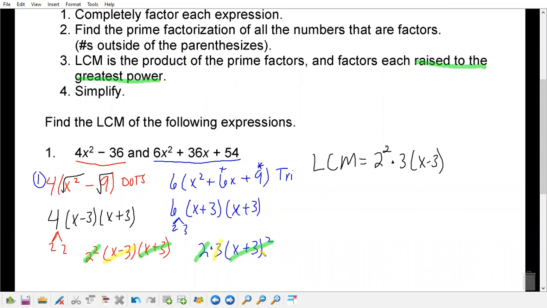So therefore, we're going to use x plus 3 squared. So this is my LCM in its factored form. And so my LCM in its non-factored form would be 4 times 3 is 12. So we'd say 12 times x minus 3 times x plus 3 squared would be the LCM.